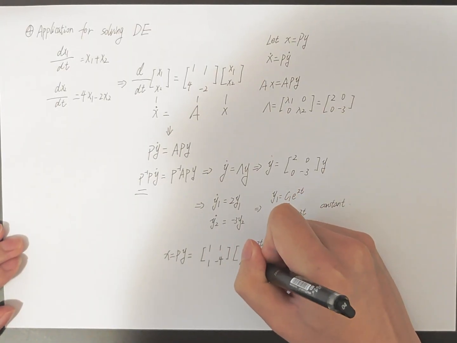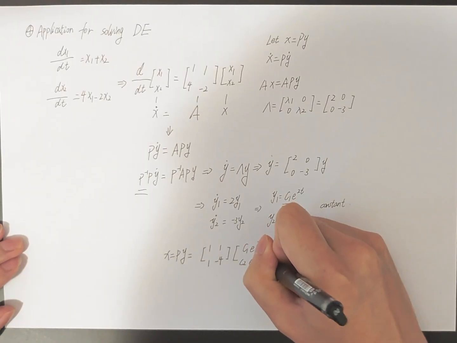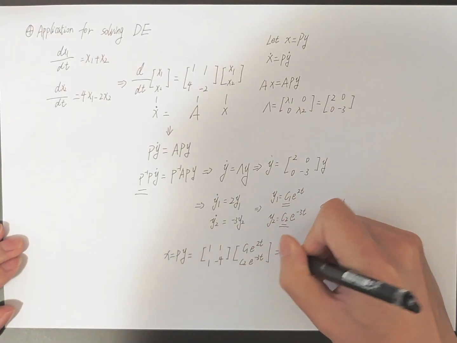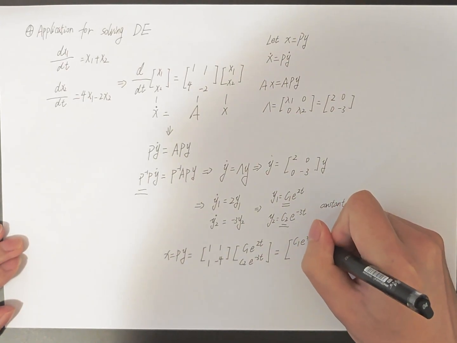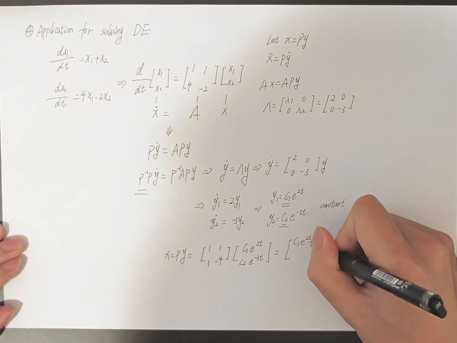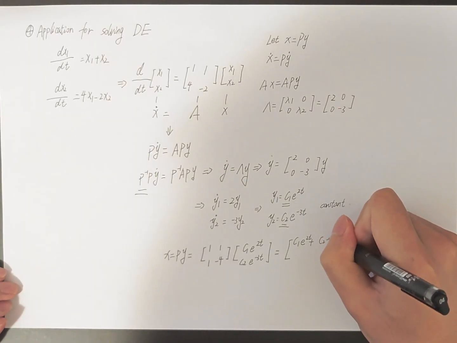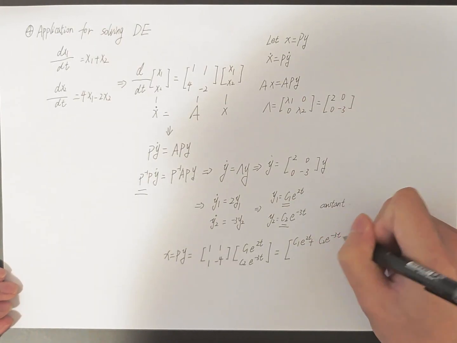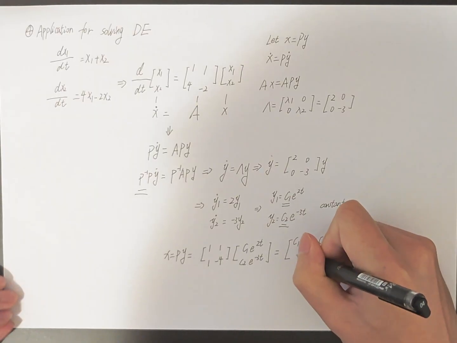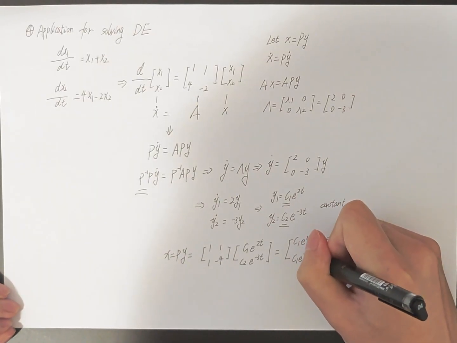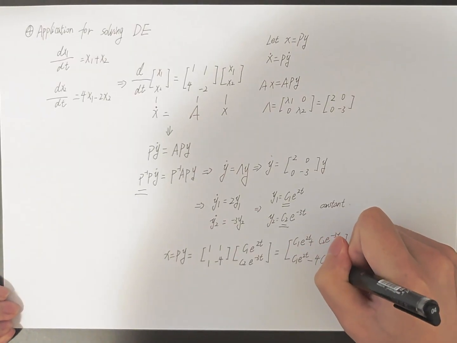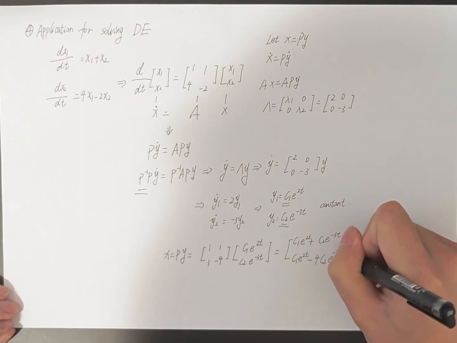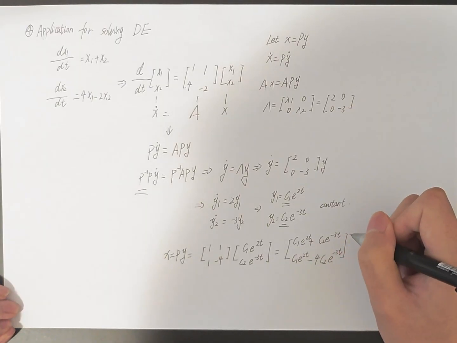Then, calculate the matrix P times vector y, and we will get the solution for the state vector x, as shown in the figure. This demo is very clear to show how we use eigenvalues and eigenvectors to solve state space equations. This is very basic knowledge and widely used in control systems.